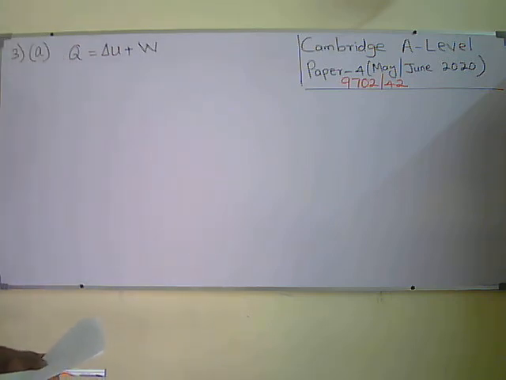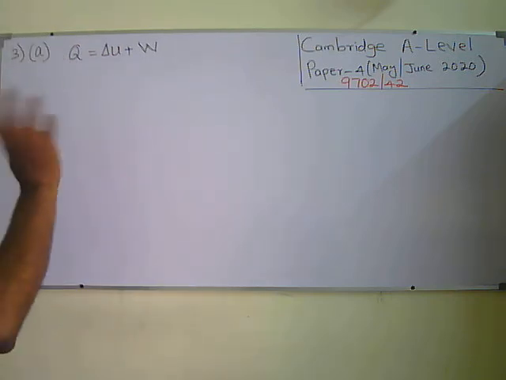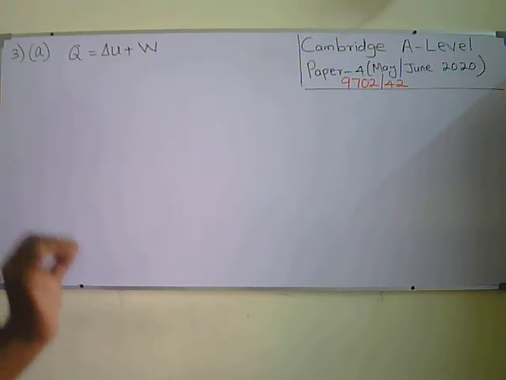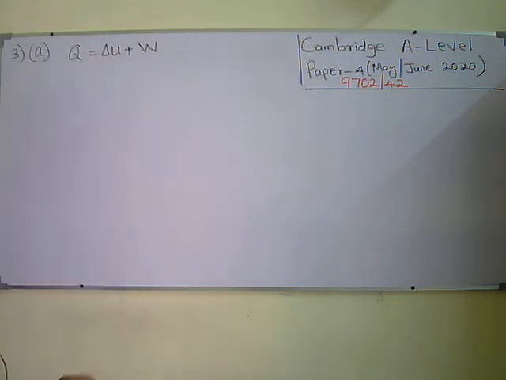So the answer should be: we can say first about W, no change in volume. So work done by the system is equal to 0. We can say that, then you will get 1 mark. No work is done by the system because there is negligible change in volume, right? Heat is supplied to the system, so internal energy will increase.